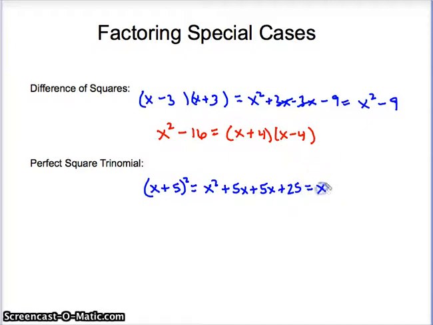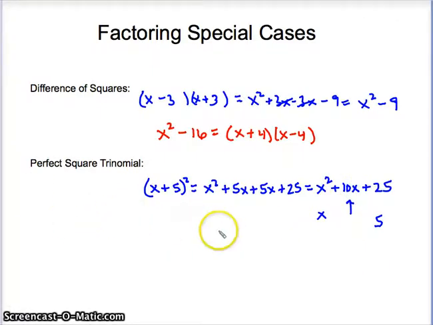When I combine my like terms, I'm left with x squared plus 10x plus 25. Now, what you want to check is that if I take the square root of the first and the square root of the last, and I multiply these and double it, and I get the middle term, then I can go ahead and factor this as a perfect square trinomial.